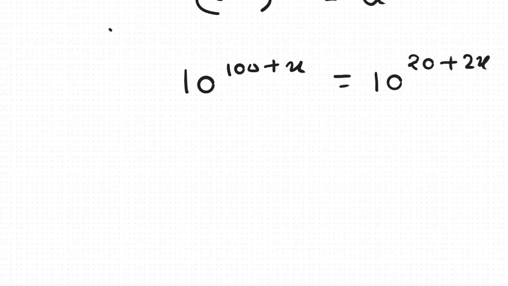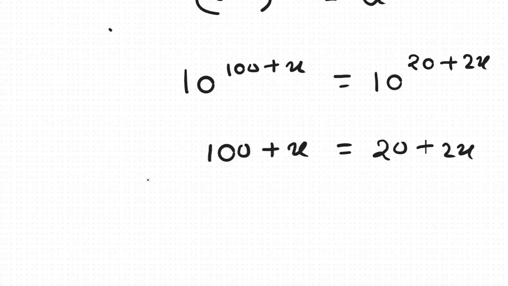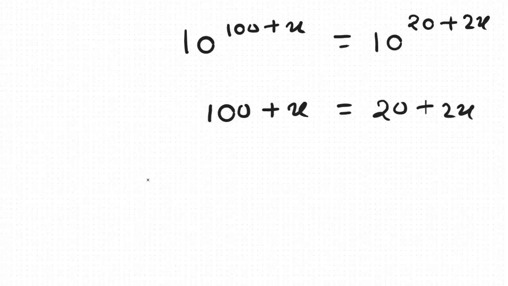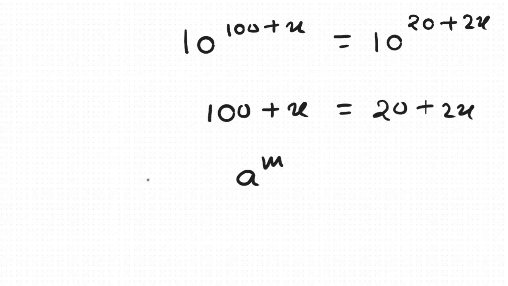So next we can write 100 plus x equals 20 plus 2x, because if we have something like this, a to the power m equals a to the power n, then we can write m equals n. When the bases are equal, we can write the left power equals the right power.